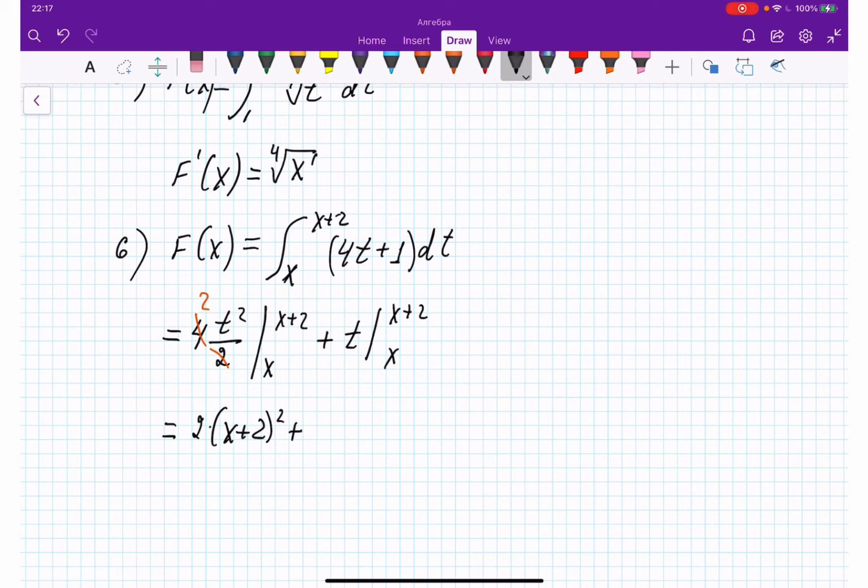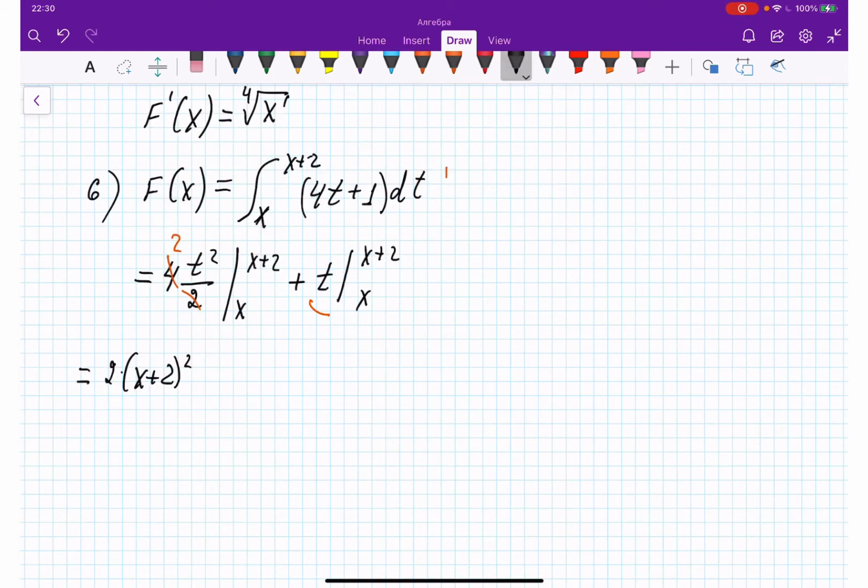Plus, minus 2x squared. Okay, now we are going to work with this t plus t. It's going to be plus, instead of t plugging in x plus 2, and then instead of t plugging in minus x.